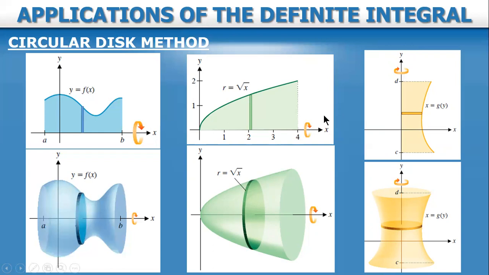So again, two things to remember. The first one is the strip must be perpendicular to the axis of revolution. Second, one end of the strip must touch the axis of revolution. After you satisfy those two things, you will get a circular disc after revolving the region.